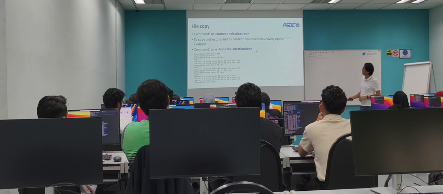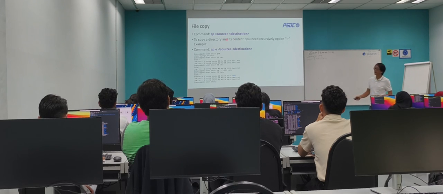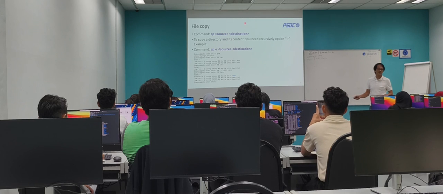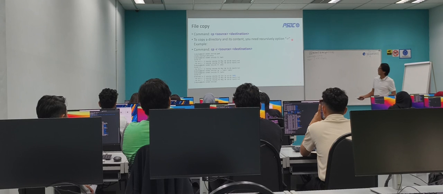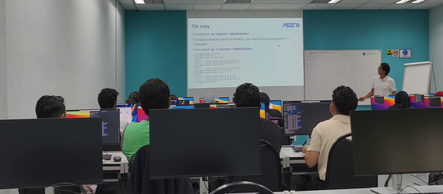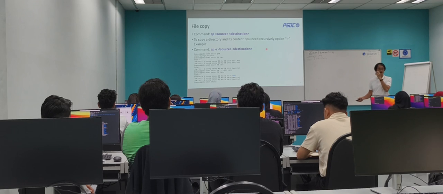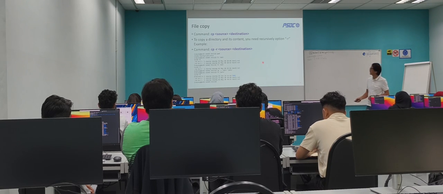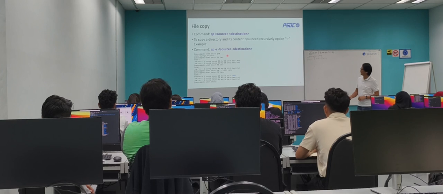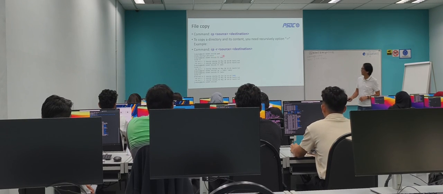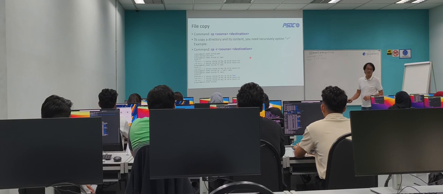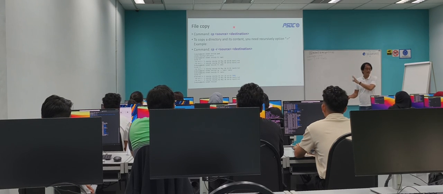And this is the file copy command. The syntax is copy source to destination. The option -R is recursive, so it recursively copies everything under that source to the destination. Example here: I'm in Unix 10. ll here I should have as an alias; I already aliased it to ls -al.